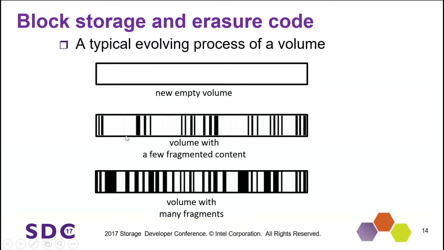After a while, some blocks are used, and it starts to have some content fragments. As time goes by, random blocks are written and the fragments become more and more, but there is never a proper time and position to segment the whole volume and do the Erasure code encoding.